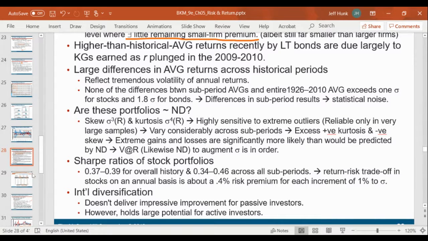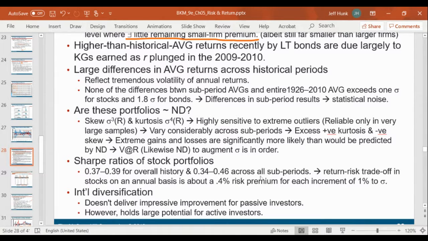Now, the important thing is the Sharpe ratio of the stock portfolio. The Sharpe ratio has been somewhere between 0.37 and 0.39 for the overall history, right? And then 0.34 through 0.46 across all 30-year sub periods.